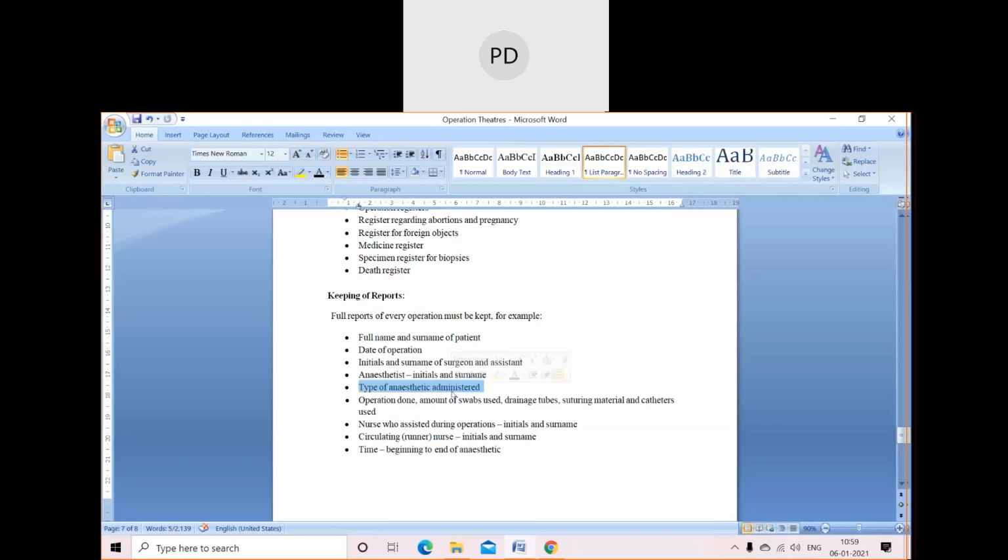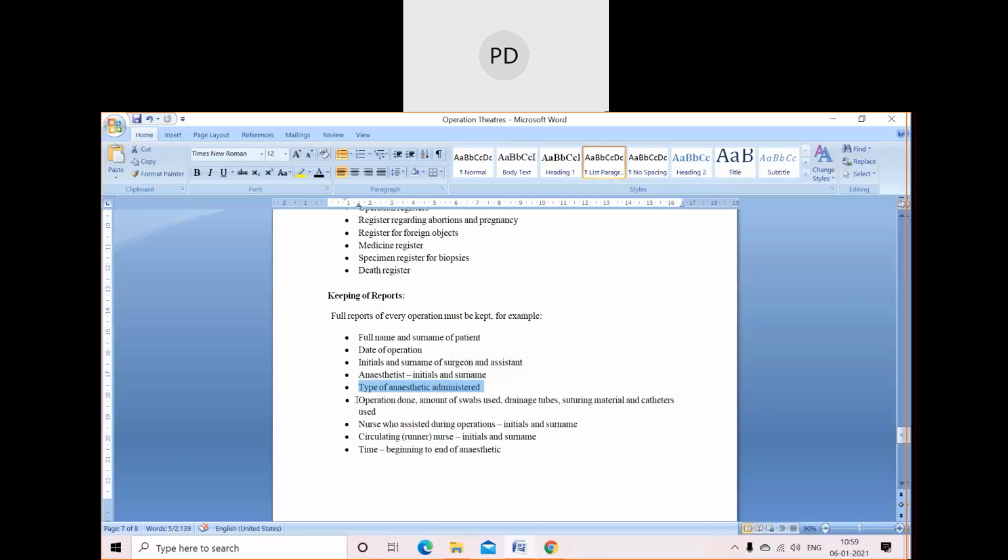For example, in pregnancy, the lower part needs anesthesia, and on the upper part there is no need. So at that point you would only be tranquilizing the lower part of the body, right? So you have to write what kind of anesthesia you have administered.